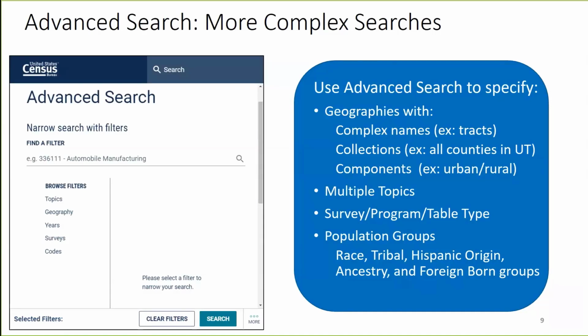If you just want to look for 1-year ACS for a certain year, you can do that. Population groups are an excellent way of being able to look at something that's iterated. Population tables are a great way to drill down where you wouldn't be able to find that through our simple single search.